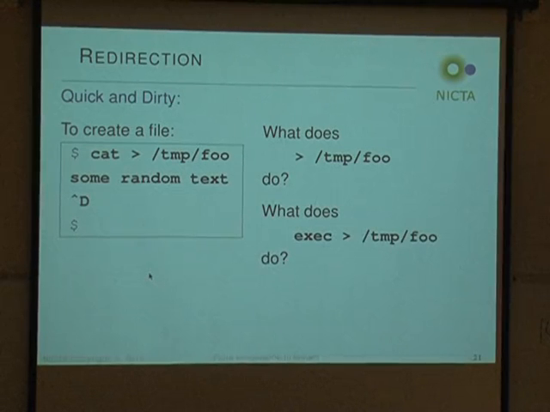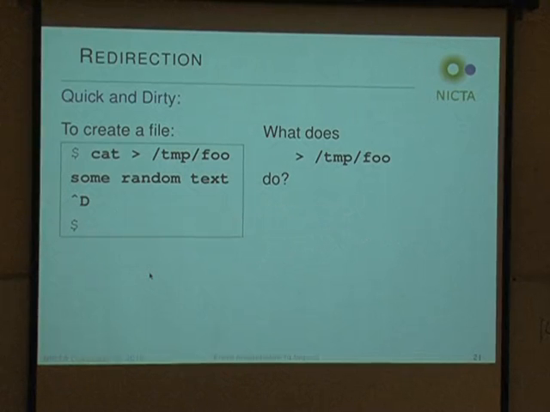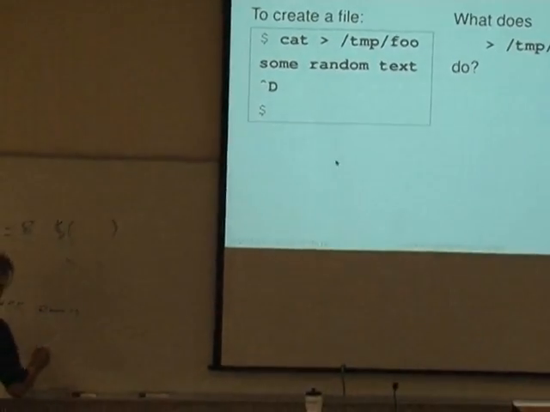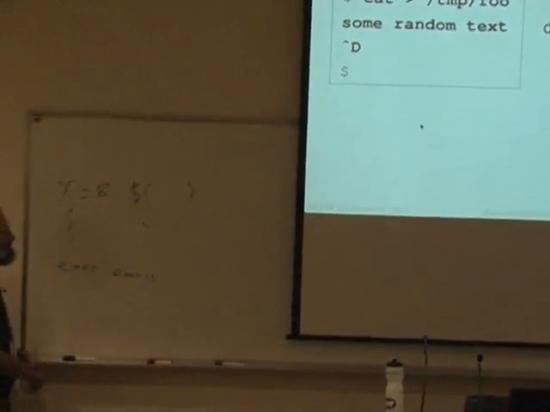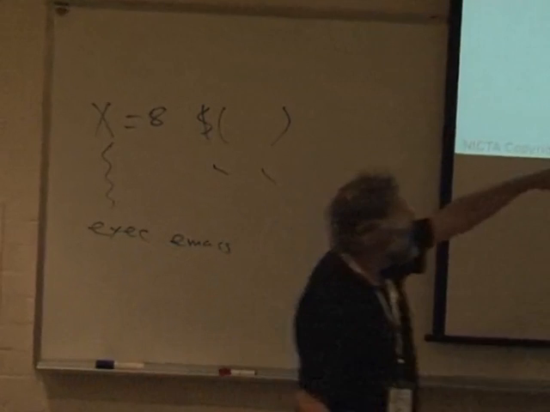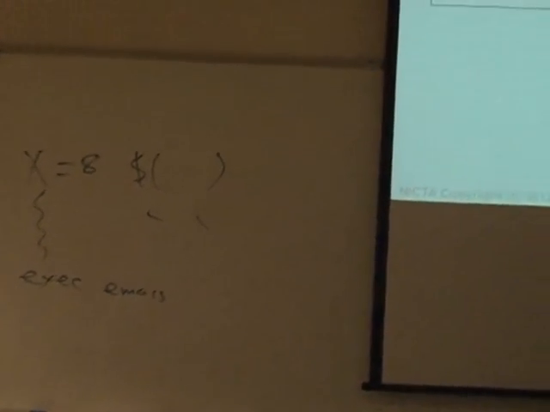Exec is a special command that replaces the current shell script with something else. So normally, at the end of a big shell script, you might say exec emacs. And that makes the shell script go away and Emacs start instead. If you leave out the command, what do you think that will do?